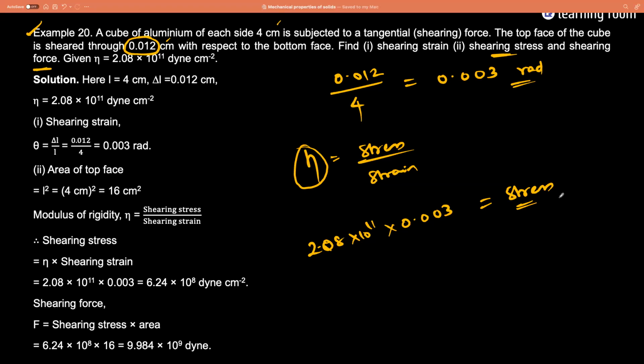Can I write it like this? So 2.08 into 3 is how much? 6.24. So 6.24 into 10 power 11, into 10 power minus 3, so 10 power 8 newton per meter square, because everything is in terms of SI.